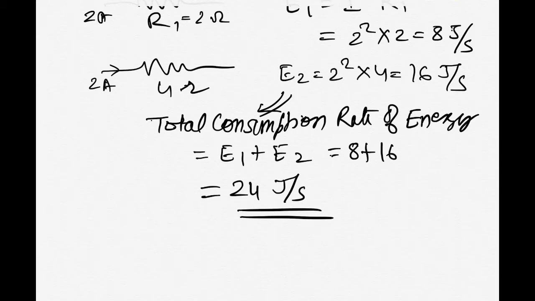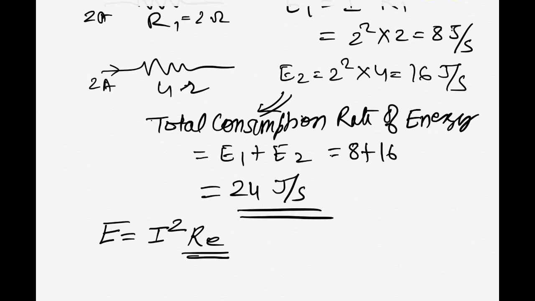Now we want to cross verify how much is the energy supply rate by the energy source, because both of these should be equal as per the law of conservation of energy. So the energy supplied by the energy source, E, can be given by the same formula, I square RE.